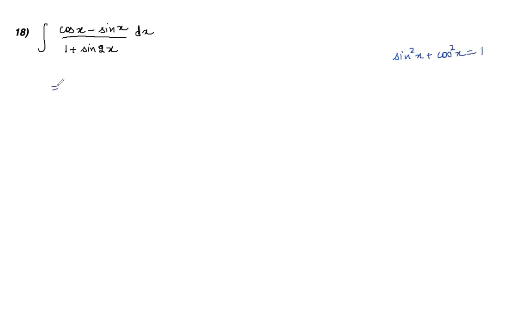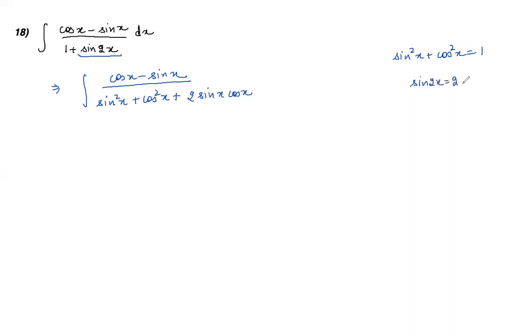What I can do here is, I can put 1 as sin square x plus cos square x, and instead of sin 2x, I can put 2 sin x into cos x. Again, we have this identity of sin 2x is equals to 2 sin x cos x.